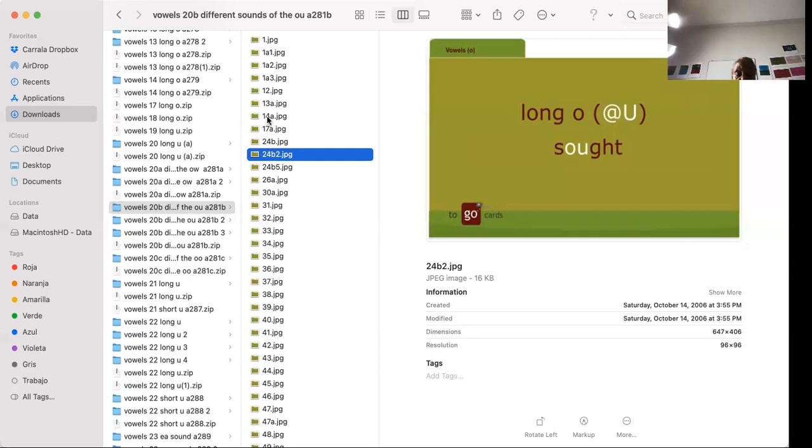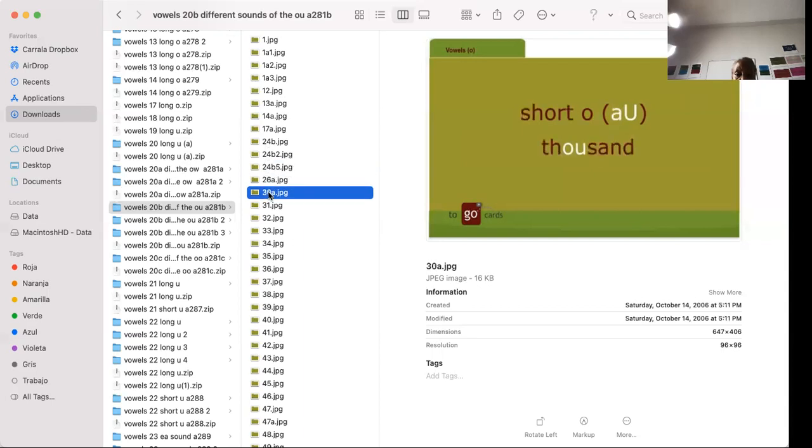Let's look at sought, ought. Ought, this is the long O sound, ought. So, this is long, call, off. Now we're going back to a short O sound, because there are several different sounds for the short O. Short O can have more than one sound.